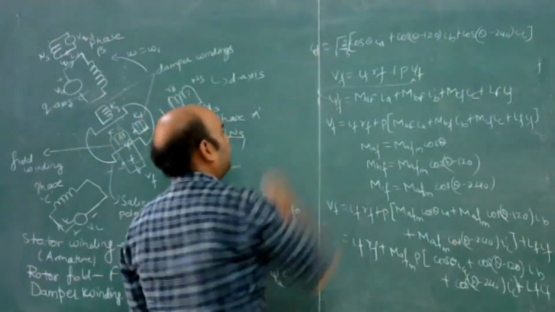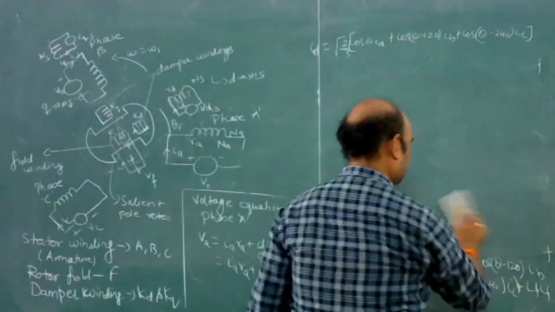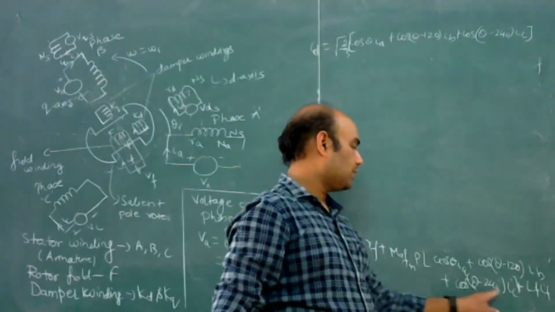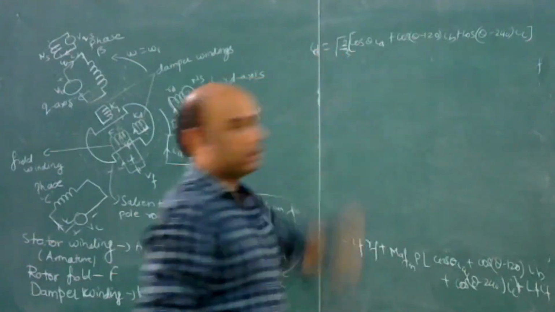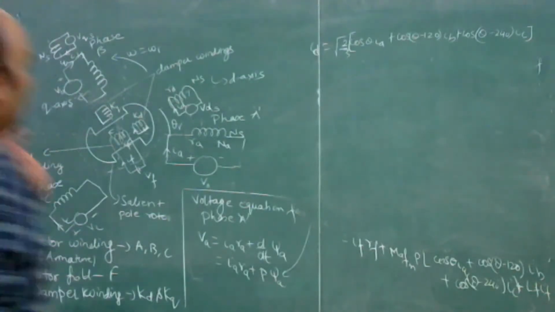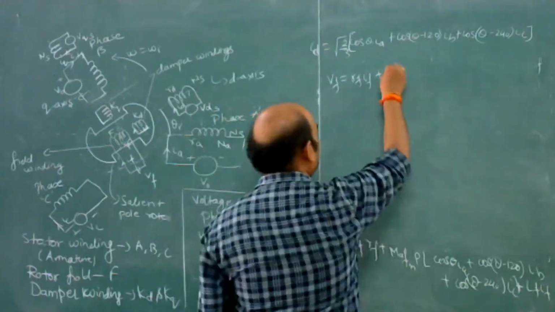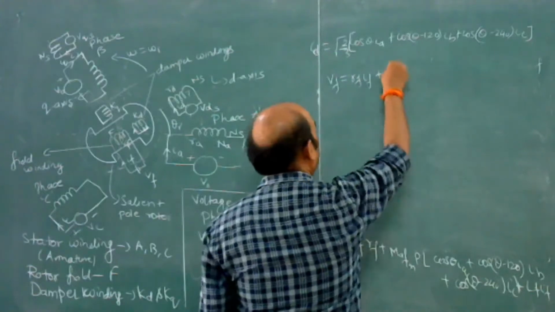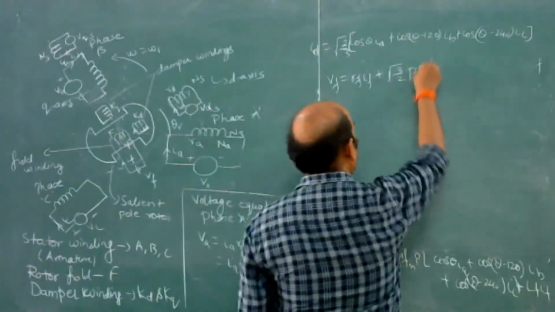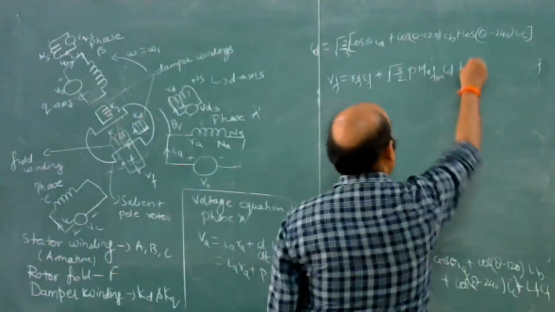Okay. So VF will be equal to RF into IF plus P times root 3 by 2 times MAF into ID plus LF into IF.